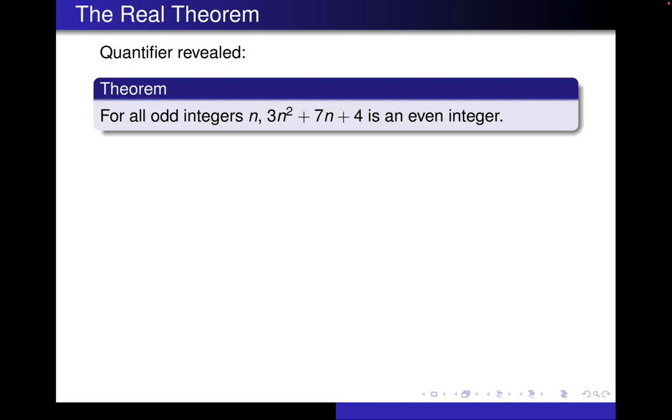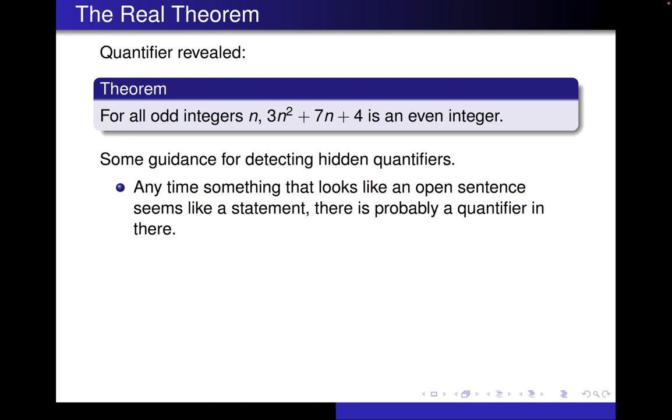So really, that theorem that we proved, we interpreted as a quantified statement, even though we didn't say so explicitly. Here's some general guidance for detecting hidden quantifiers in case this ever becomes an issue in the future. First of all, anytime you've got something that looks like an open sentence but seems like a statement, you're probably interpreting it as having a quantifier in there. That either means you're interpreting it correctly, there is a quantifier and it really is a statement, or you're seeing a quantifier that doesn't exist.